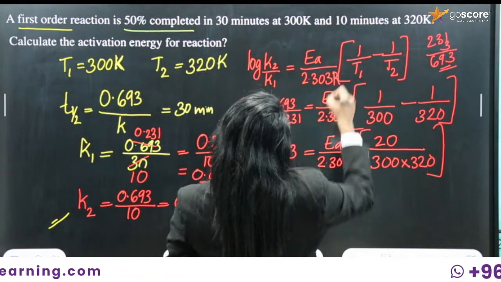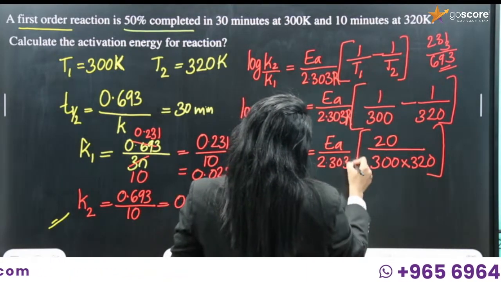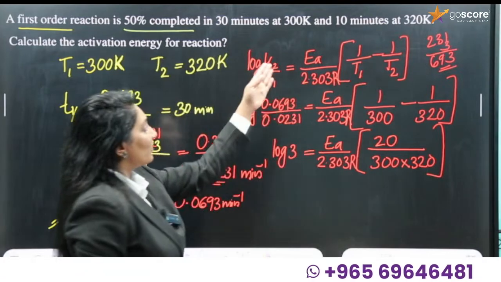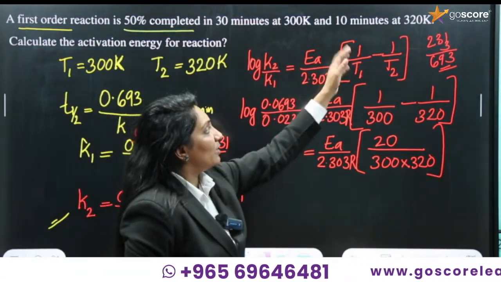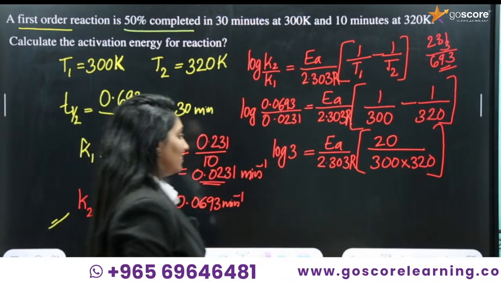Don't forget the gas constant R, isn't it? The equation is log K2 by K1 equals EA by 2.303 R into 1 by T1 minus 1 by T2. Okay.